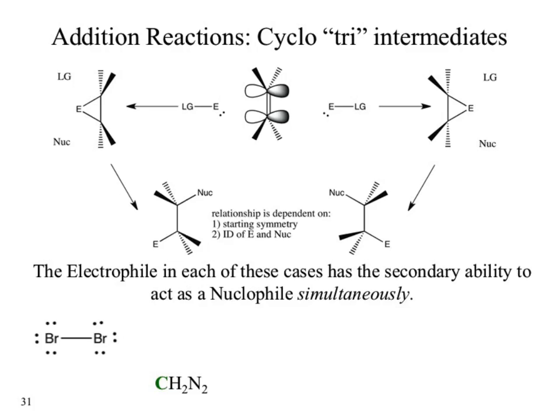CH2N2. Believe it or not, that also fits in this one. That one gets a little bit weird, but it becomes more apparent once we draw out a Lewis structure. So if we draw out our Lewis structure, carbon, hydrogen, hydrogen, nitrogen, nitrogen, there's our basic structure. Nitrogen has 5 valence electrons, so we bring in 10 from there.